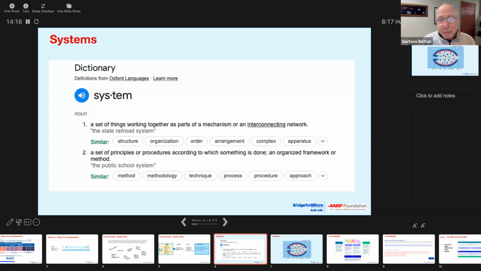Now, that definition is interesting because if you remember our module 2, we were saying, okay, we already know what problem we are resolving, who we are going to be solving the problem for. And then we started looking at our competitors, our differentiation, our attributes, all of those things.